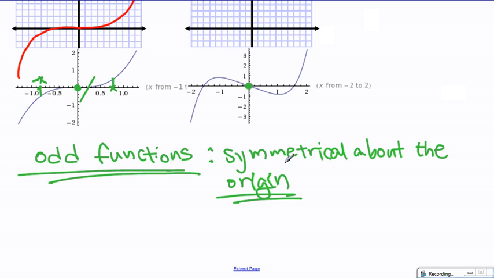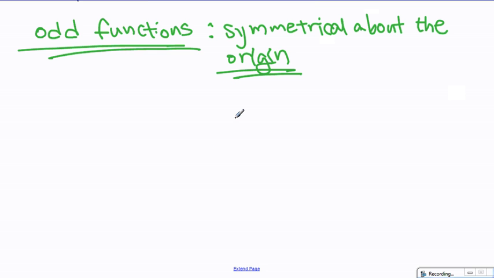Now, let's look into this one a little bit together. How would you write down the algebraic expression of the odd functions?